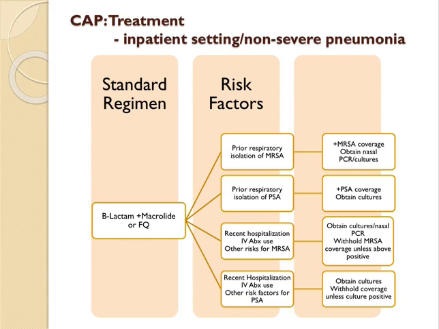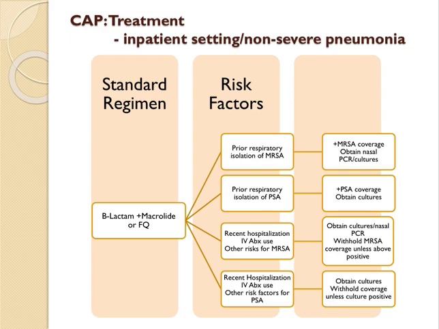The next step that we should do is to assess patients' risk factors for MRSA or pseudomonal infections. As you can see on the top portion, what it tells us is that if you have a patient who has been admitted for community-acquired pneumonia and you have evidence of prior respiratory isolation of MRSA or Pseudomonas, most of those patients should receive MRSA or Pseudomonas coverage until you have culture results available.